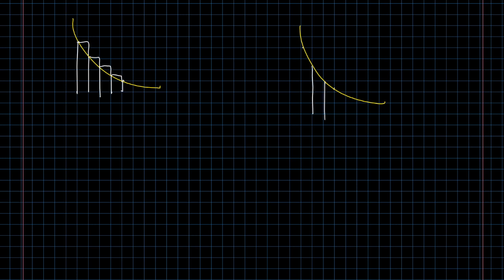If I had a function that was decreasing instead, then when I divide it up, the lower sum will be the one that overestimates the area. And the upper sum will be the one that underestimates the area. But the point still stands.